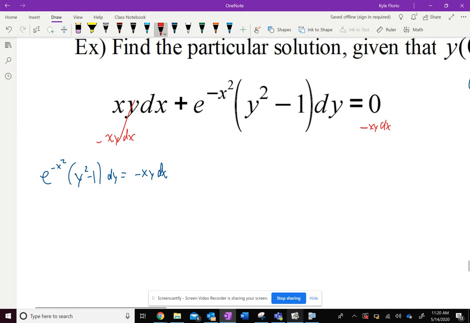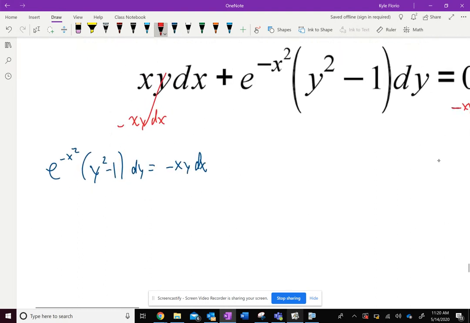And let's see, I want to continue to get my variables separated. The first thing I'm going to do is get this e to the negative x squared on the other side so that I have it on the x side. The way I'm going to do that is multiply both sides by e to the positive x squared. It's the same thing as dividing both sides by e to the negative x squared, but this is going to look nicer.